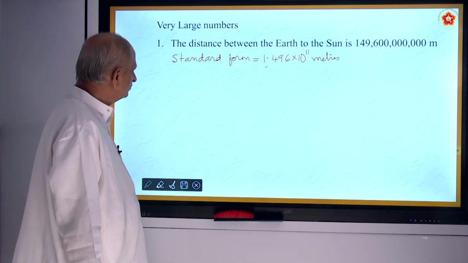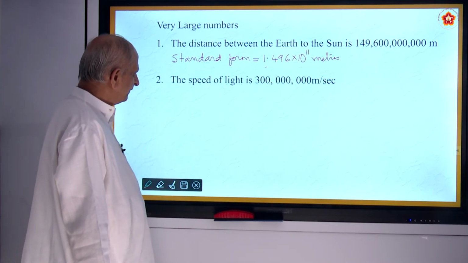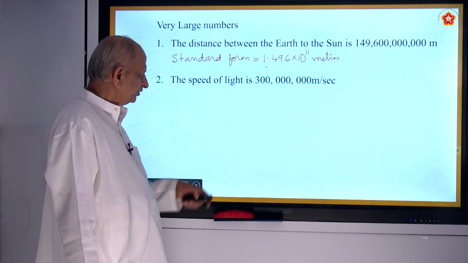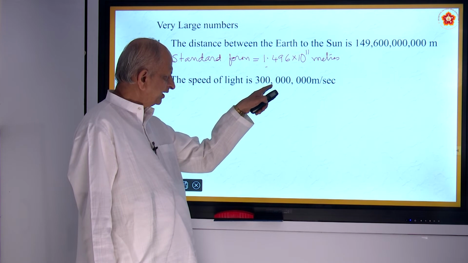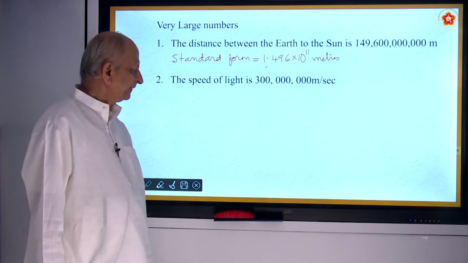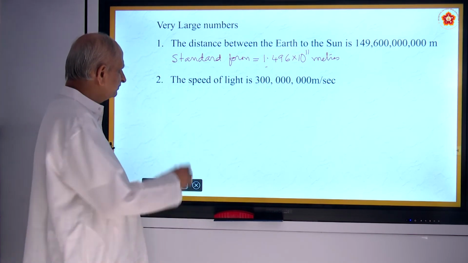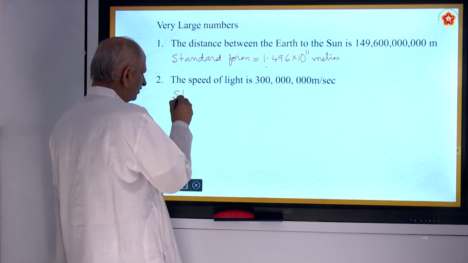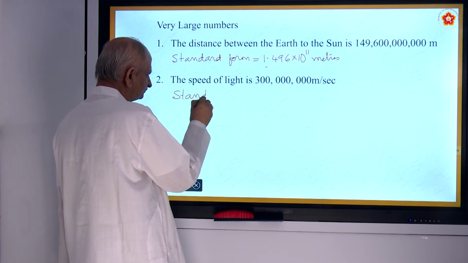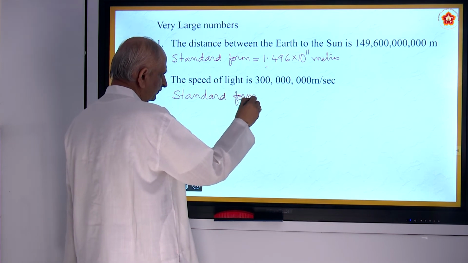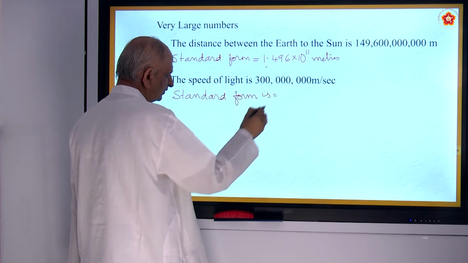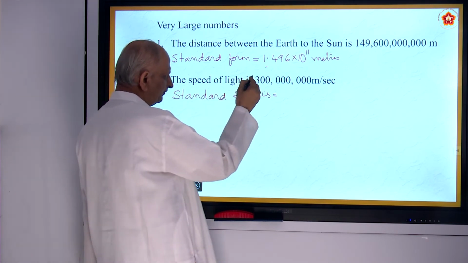Now coming to the speed of light. The speed of light is actually 3 lakh kilometers per second or 300 million meters per second. How to write it? Again you have to write it in a simple form. The standard form of this, to remember easily, should be from 1 to 10.